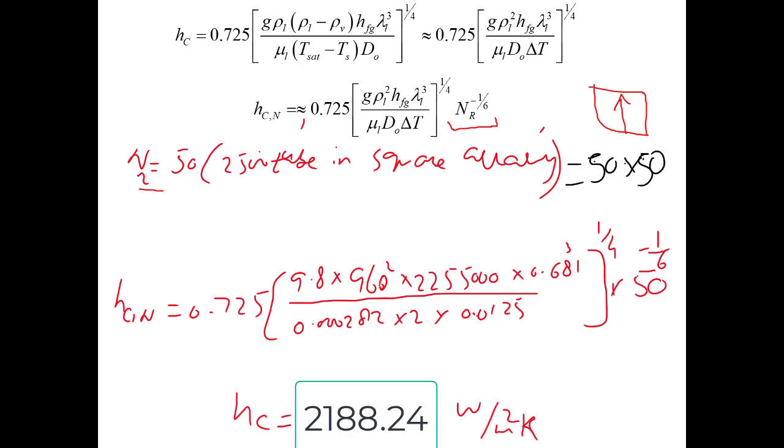Okay, so we know all the properties, and if you feed in the values, we get Hc, which is related to condensation at the outside of the tube, so we can also call it H naught. Okay, so we know the value of Hc.